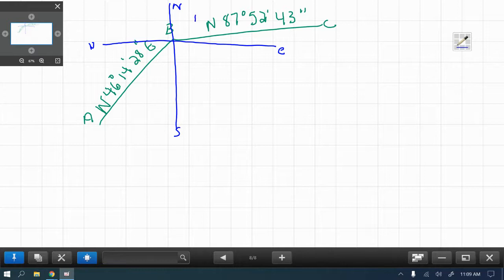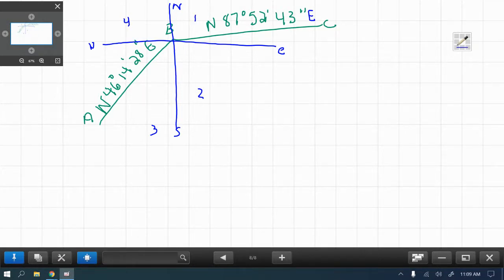Okay, this is quadrant 1, 2, 3, 4. So remember, the bearing is the angle it makes from either the north or south. So if it's in quadrant 1 or 4, the bearing is the angle it makes from the north. So this one is east. So that's in quadrant 1.